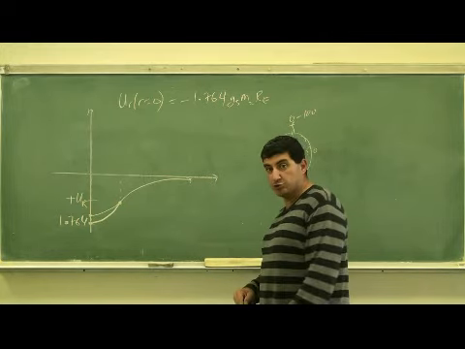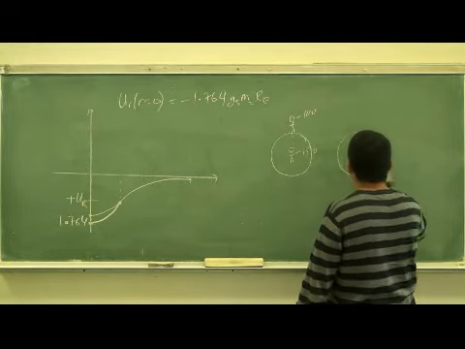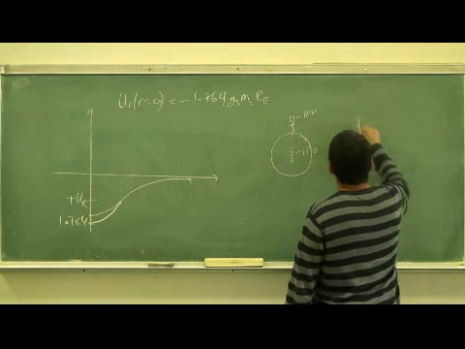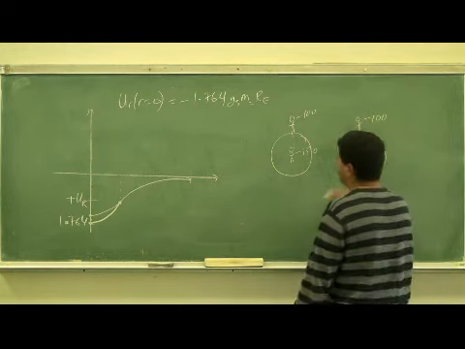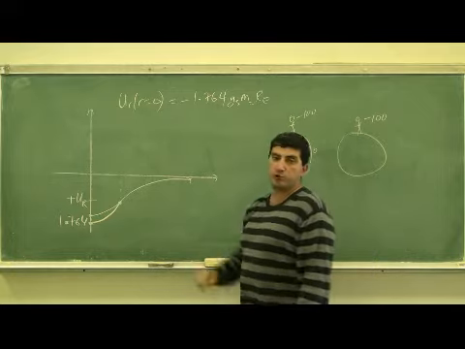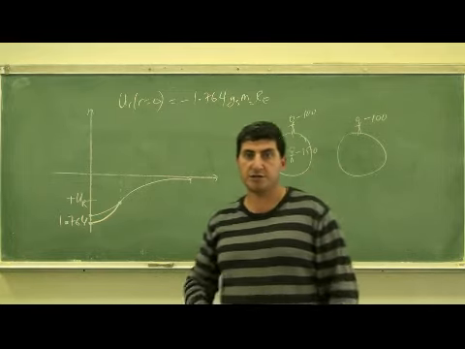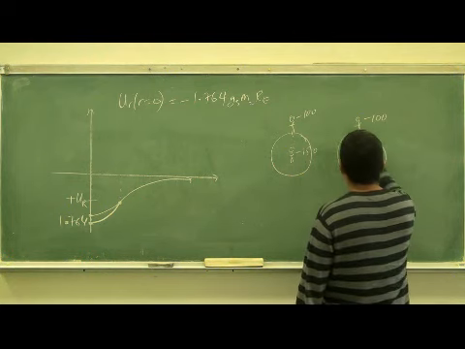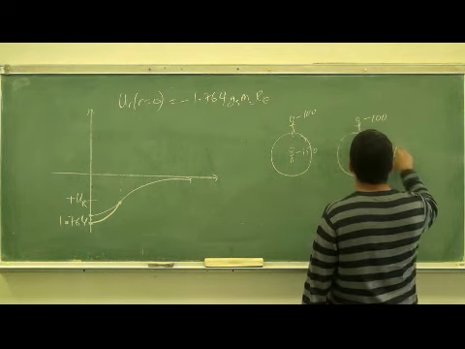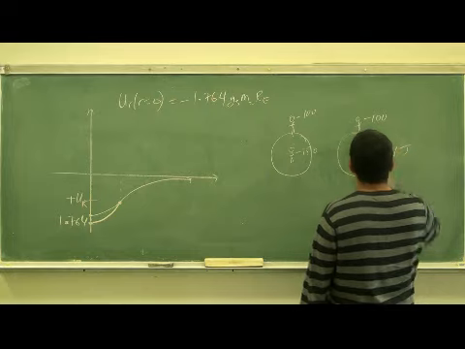How about if it's non-uniform? If it's non-uniform, if the person's energy was negative 100, what would their energy be here? Well, just simply 1.764 times negative 100, so negative 176.4 joules.